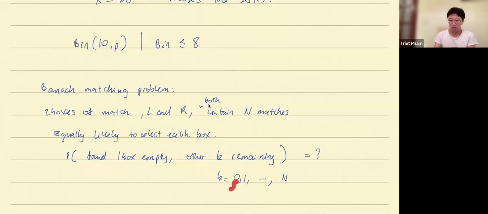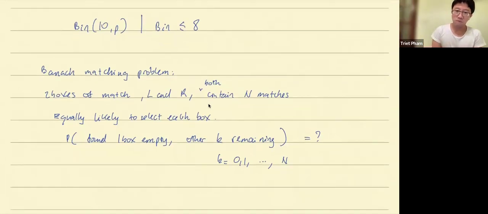Is 0 even a possibility here, or a legal state here? Because 0 means the other one is also empty. Answering these questions will clarify the intention of the problem for you.